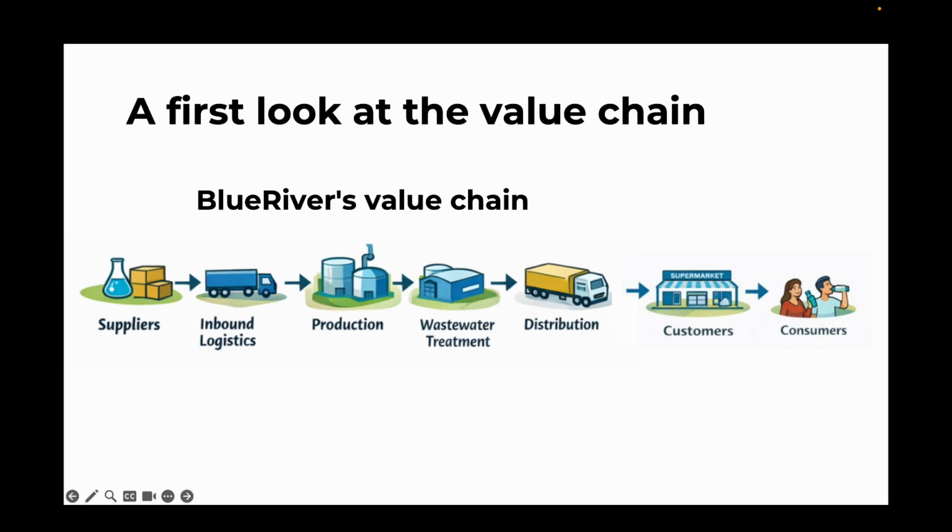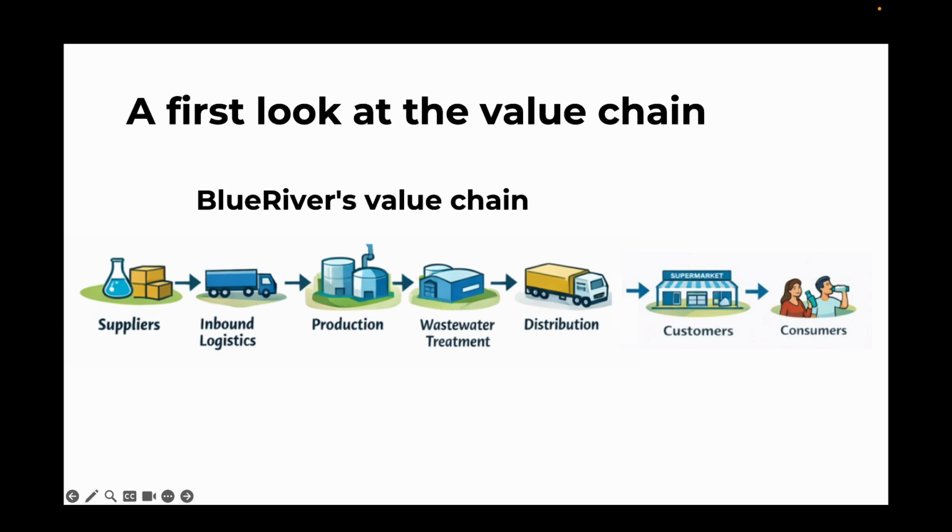Now, let's look at BlueRiver as a chain, not as a building, okay? So, suppliers provide ingredients, packaging, chemicals, and services. Inbound logistics brings those materials in. Production transforms them. Utilities and cleaning support the process. Wastewater pretreatment handles what leaves the process in liquid form.